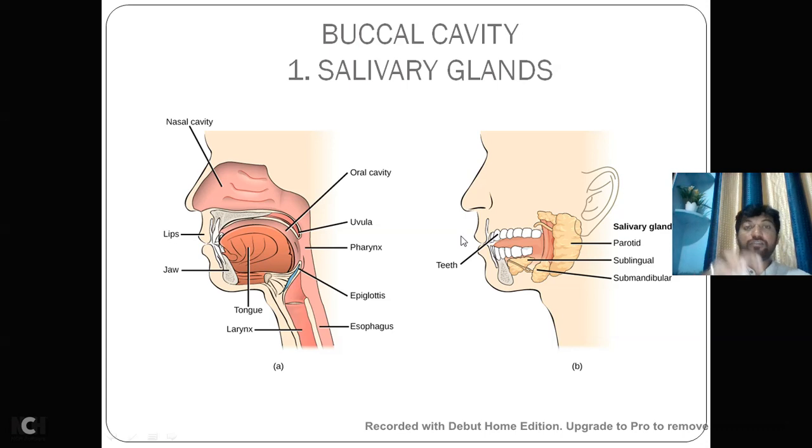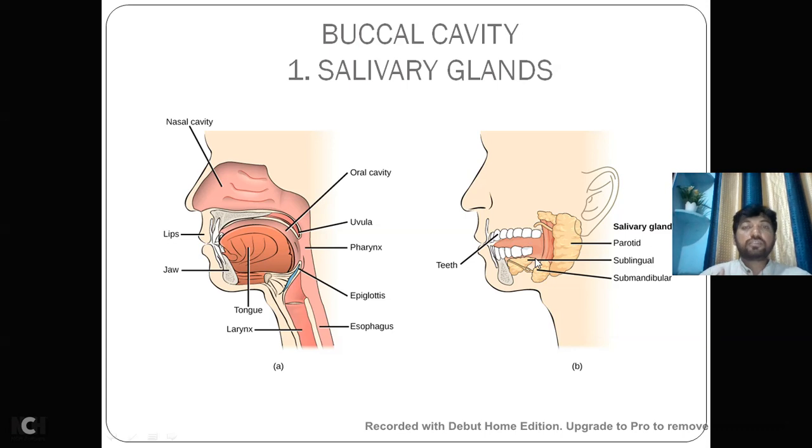In the last class I told you about mechanical digestion. Here we are deeply understanding what mechanical digestion is. The breakdown of food particles with the help of the teeth, we call mechanical digestion, right? And at the same time, these 3 paired salivary glands will secrete the saliva.